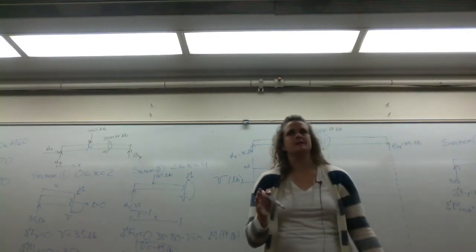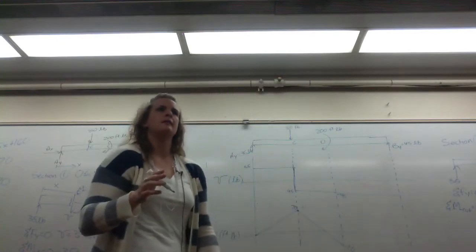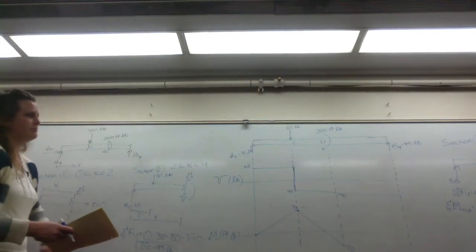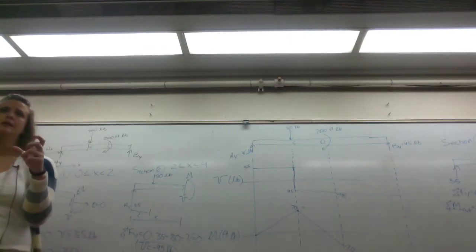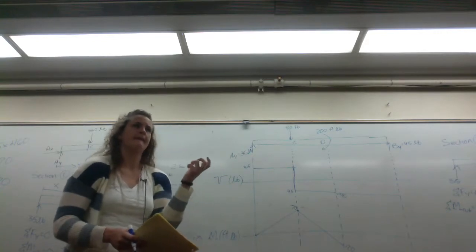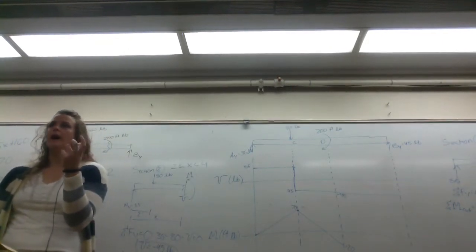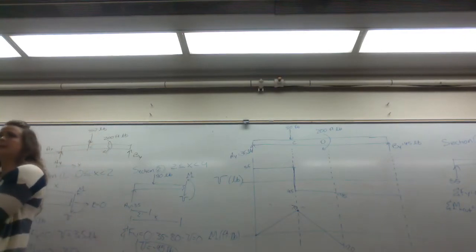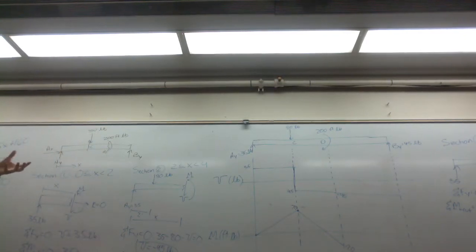What are those? Our moment is different between D and B in comparison to between C and D. Why? Good job. Our moment arm is changing, right? The closer we get to a reaction, our moment arm is changing.